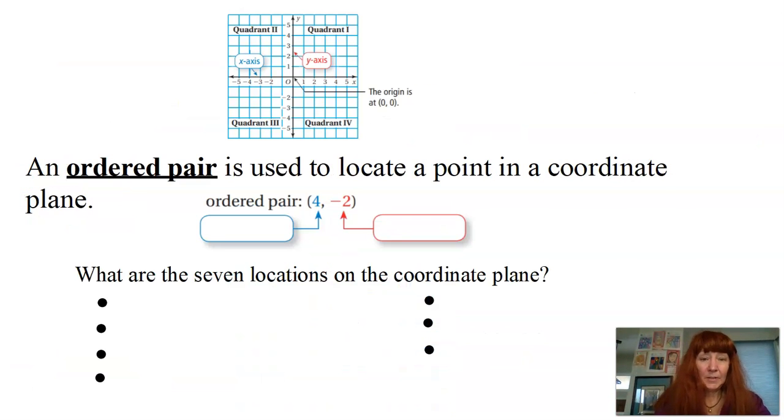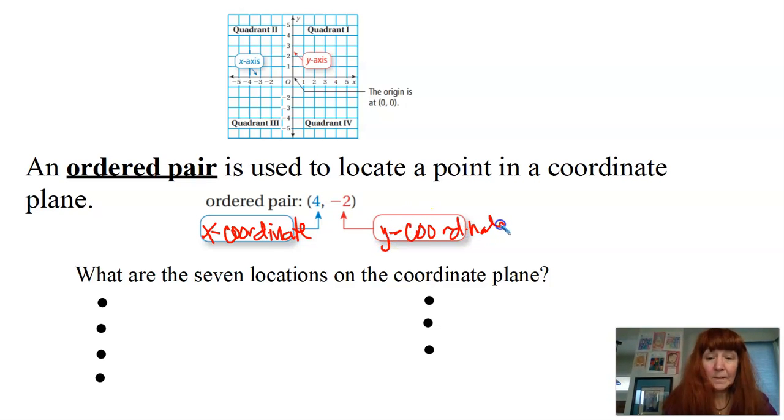So here we go. There's a little picture of what I showed you before, and an ordered pair is used to locate a point in a coordinate plane. And I want you to write that this is the x-coordinate, even though I made the space kind of small. I'll have to make that bigger for you guys. And this would be the y-coordinate. So one of the ways I think about it is I always make a little guy to be my x.